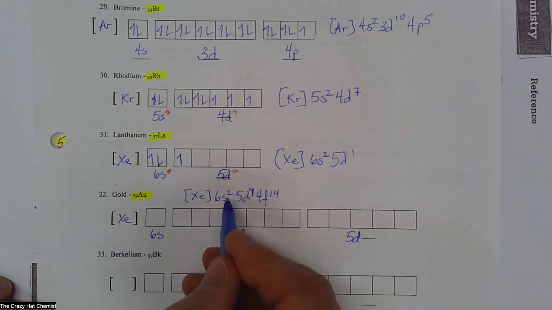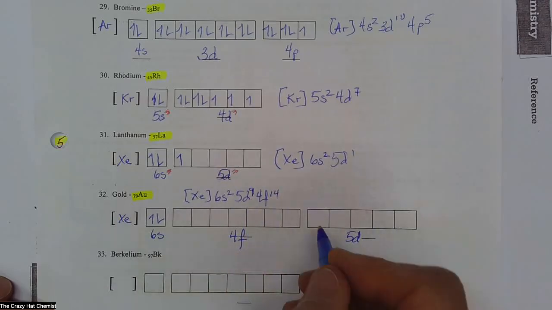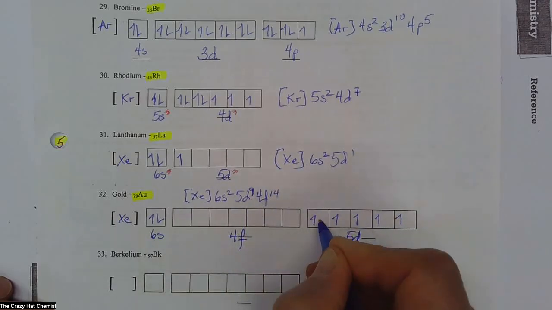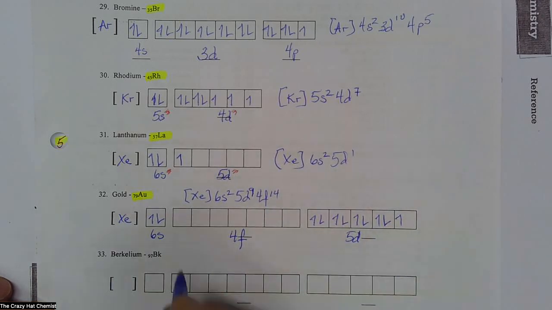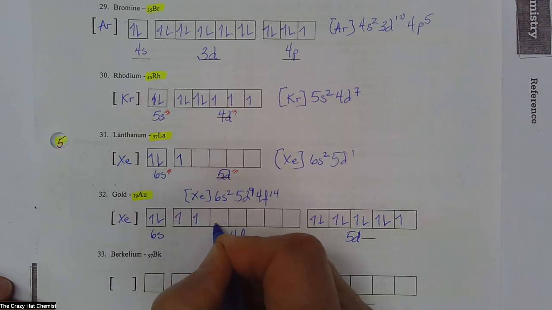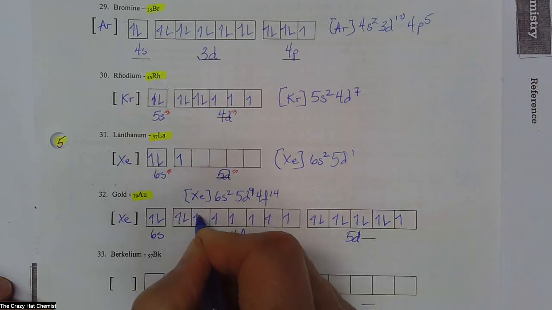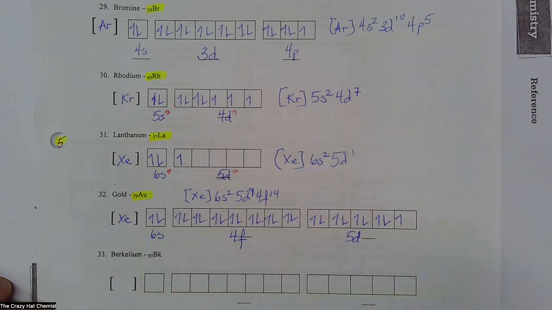All right, so it's 6S2, that's an up, that's a down, then it's a 5D9, that's 1, 2, 3, 4, 5, 6, 7, 8, and 9, and then 4F14, 1 through 14.